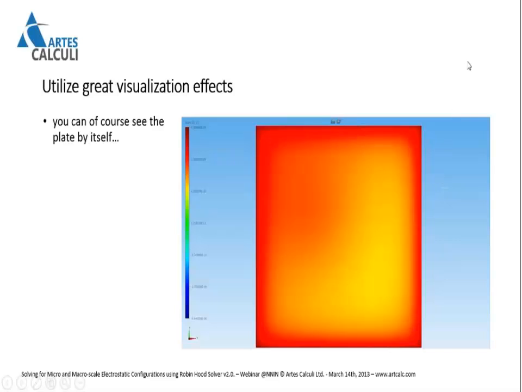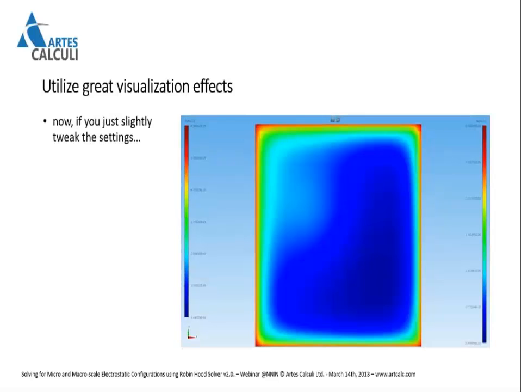If you wanted to see these things in more detail, you would need to tweak the color palette, which is done using just a few clicks in our property dock. And if you tweak the settings slightly, you get a different representation. This is the same plate from the slide before, but as you can see, we can use the colors to display the charge distribution.